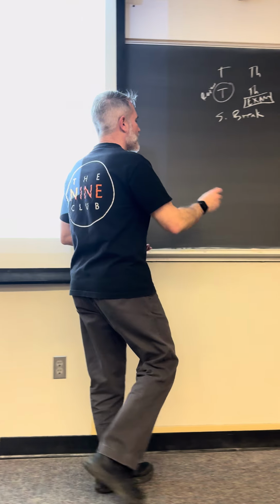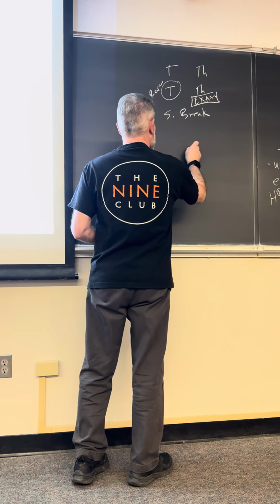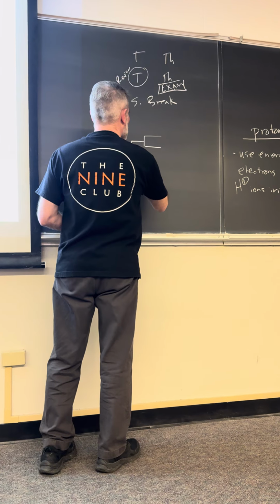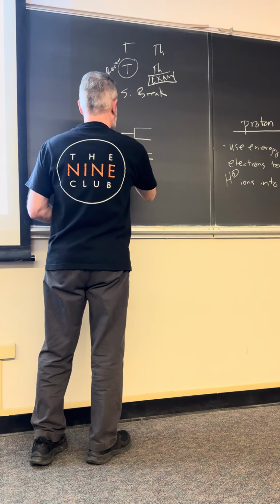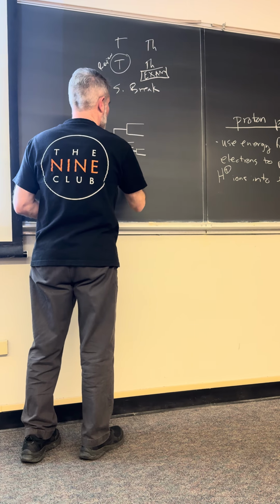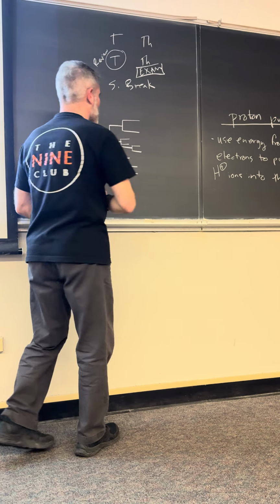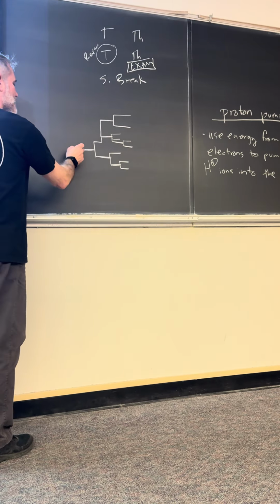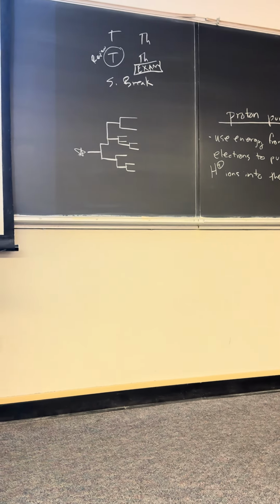And if you see what's called a phylogenetic tree, which usually looks something like this, there is an assumption that there is a common ancestor from which all organisms are derived.